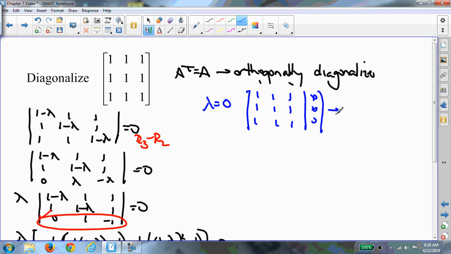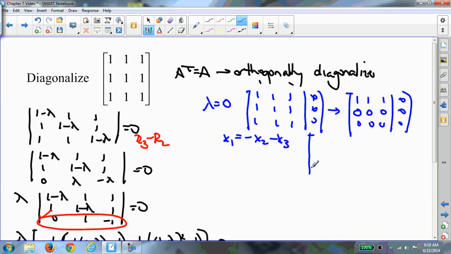And so if I RREF this, I just have 1, 1, 1, 0. So that means x1, for example, equals negative x2 minus x3. So the corresponding eigenvectors would be negative 1, 1, 0, and negative 1, 0, 1.